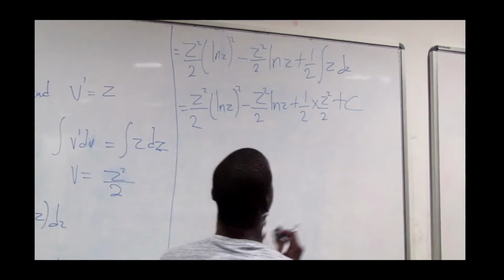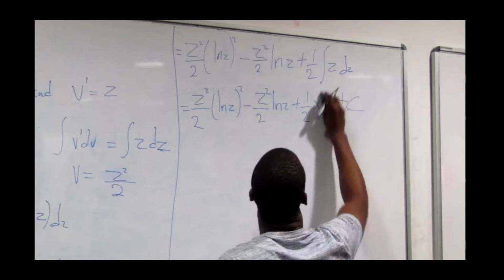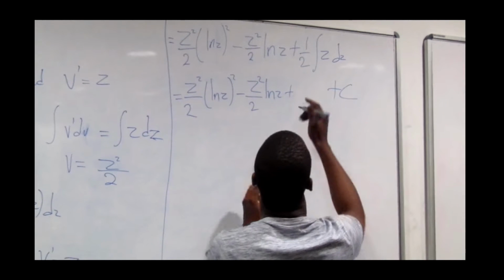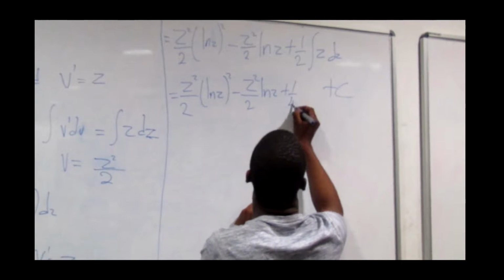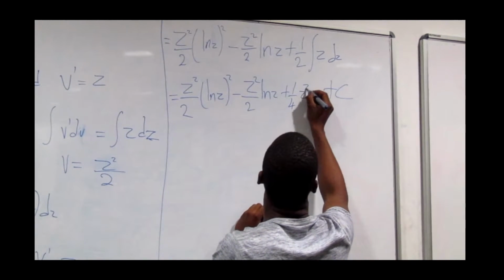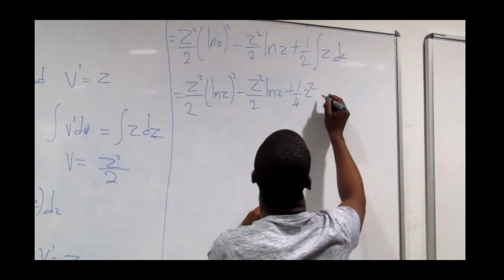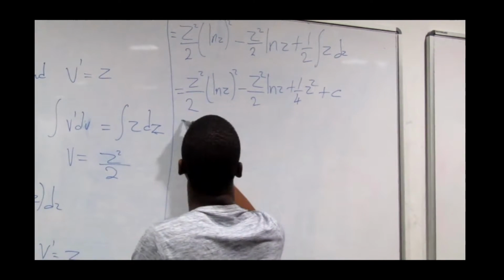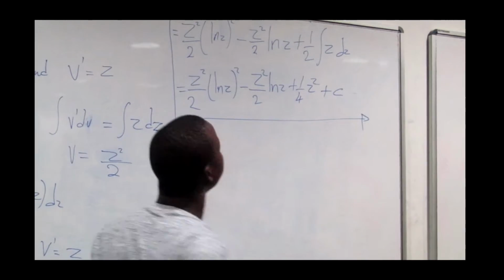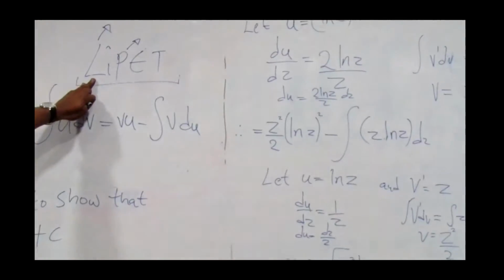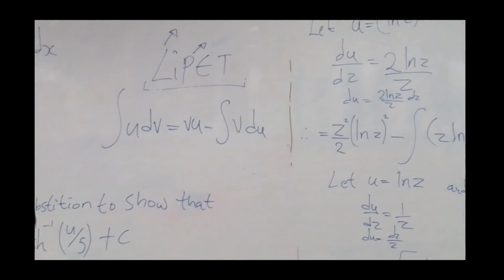Then we can also write this format as 1 over 2 times 1 over 2 is 1 over 4 z squared plus c. And this is our final answer for integration by parts. You must note how we use the rule and how we use this formula. Then number 3.